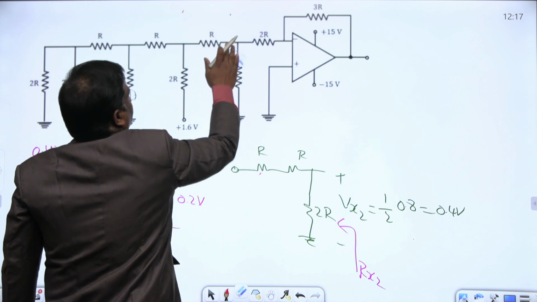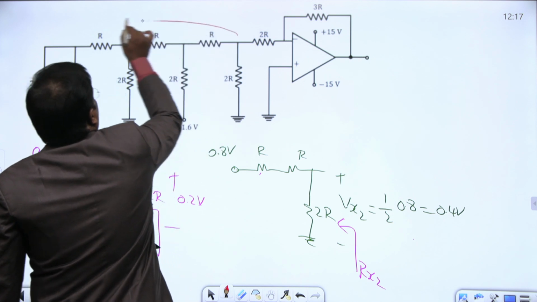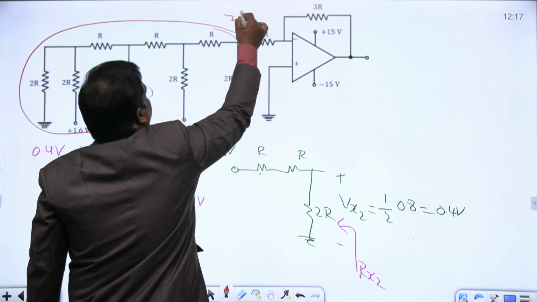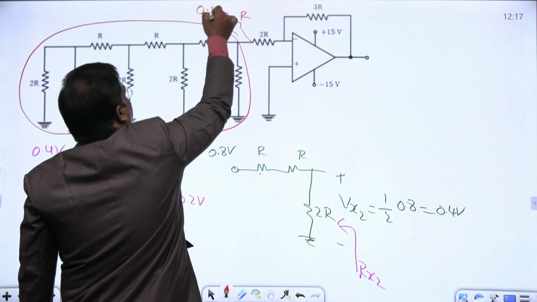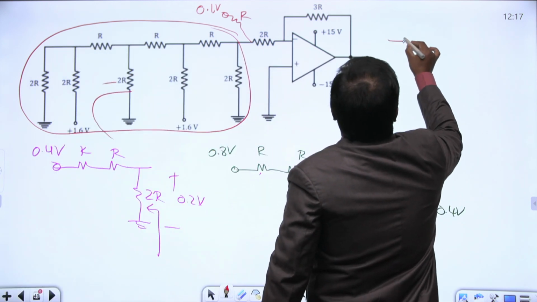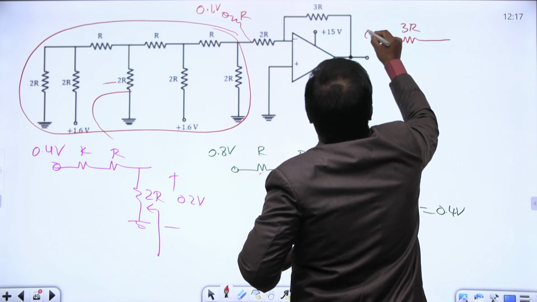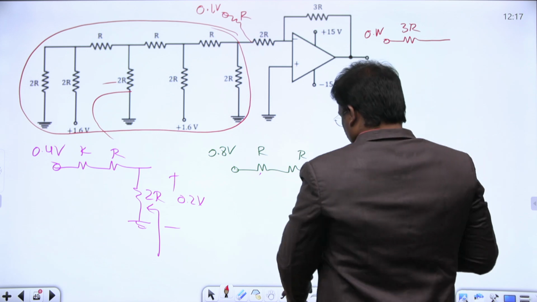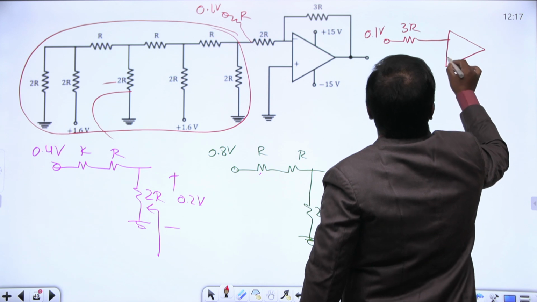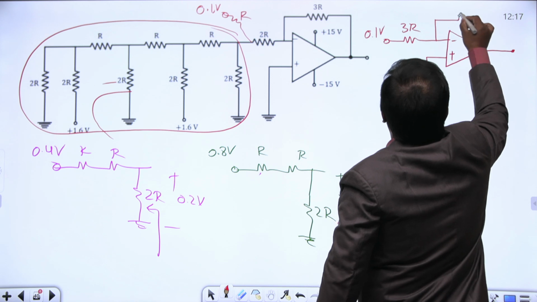Notice here everyone, from this point, this entire part of the network can be replaced directly by R and 0.1 volts. Now we got R and R, this is 3R, with 0.1 volts. This is minus, this is plus, this is 3R.